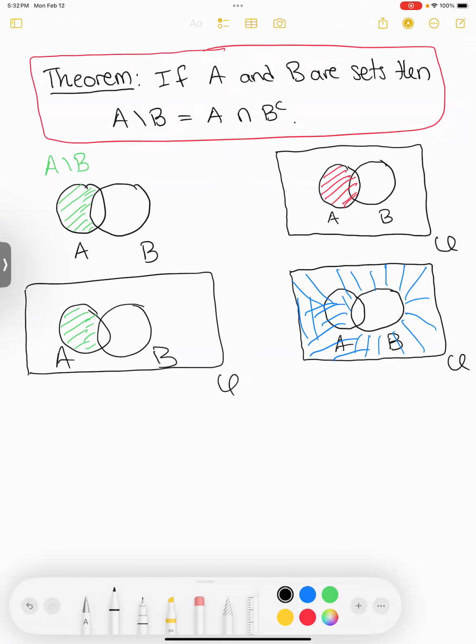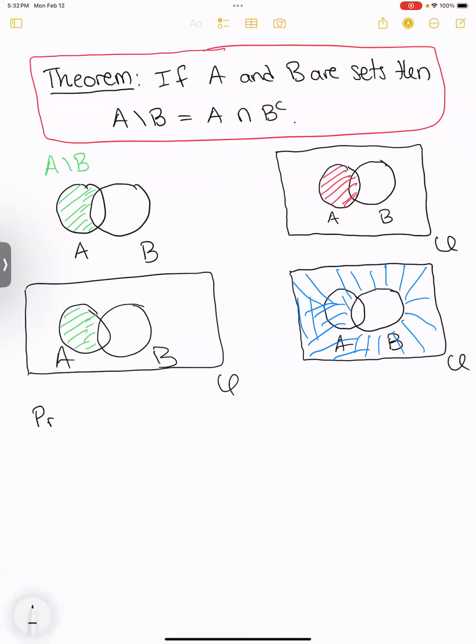So here, I'll start the proof. We'll just tell the reader we want to show that A set minus B is equal to A intersect B complement. Now the point is that on the left, A set minus B is a set. On the right, A intersect B complement is a set. And we're trying to show that two sets are equal.